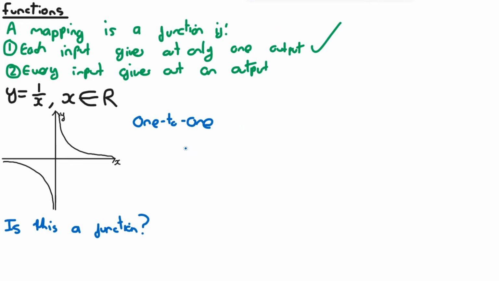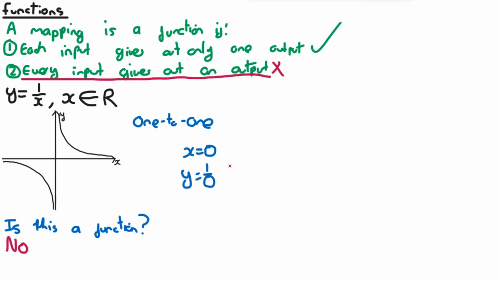This is when x is equal to 0, because this will be y is equal to 1 over 0, and we can't divide by 0. So therefore this is not a function, because it breaks the condition that every input gives out an output, and there is one input that does not give out an output, and that's when x is equal to 0.